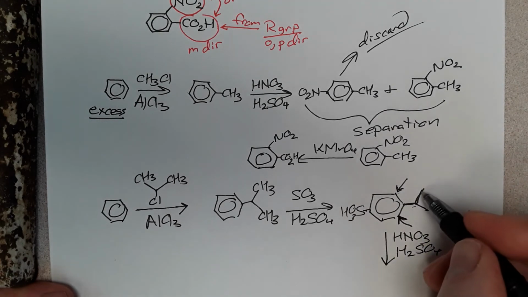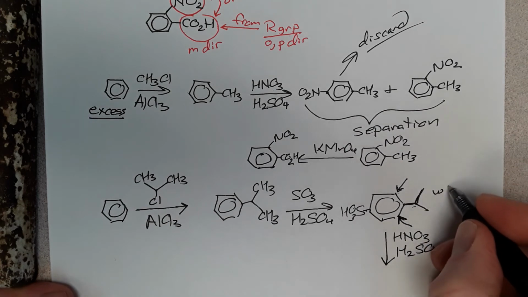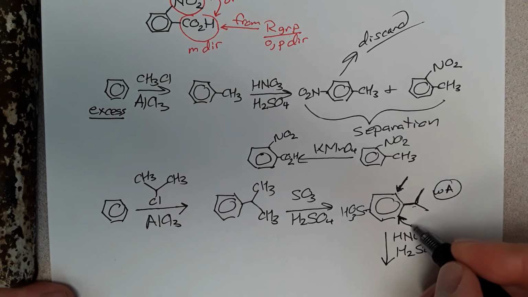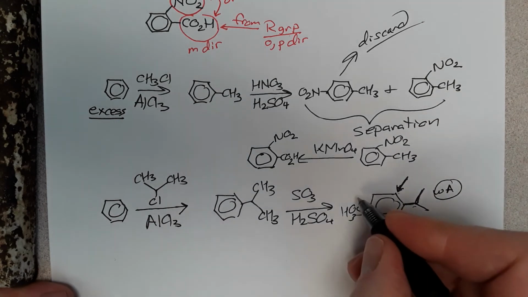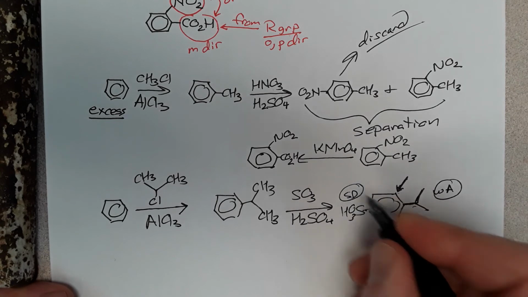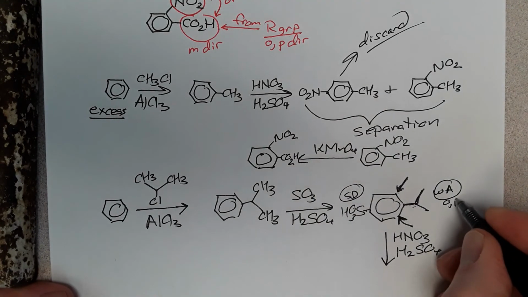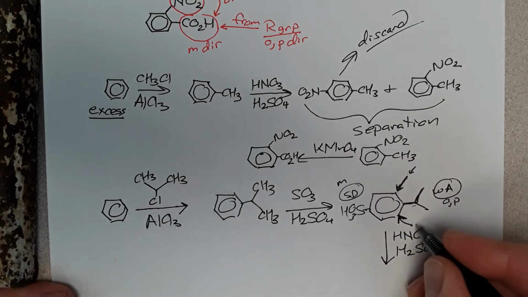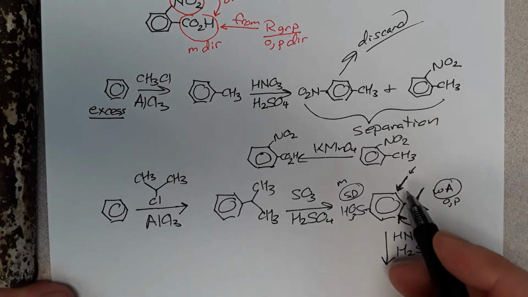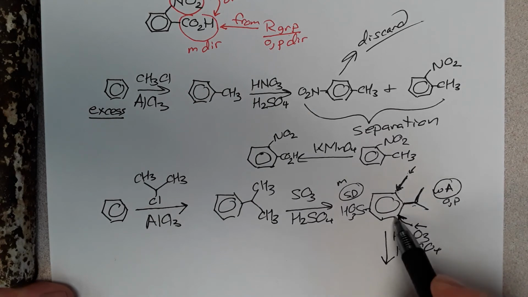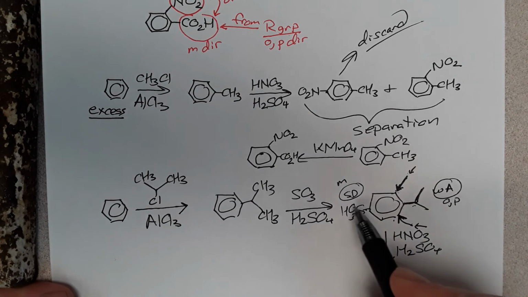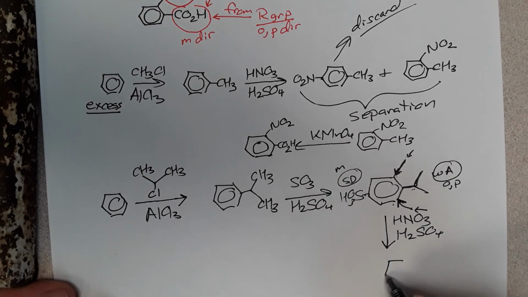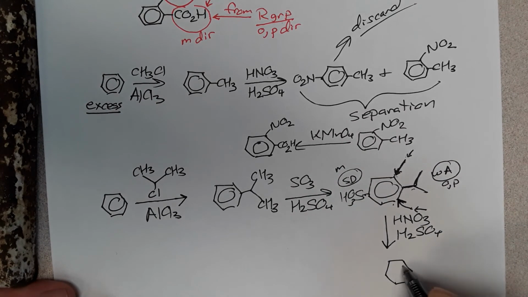The bulky, weak activator is going to direct to the ortho positions, and the strong deactivator, which is a meta director, is going to direct into the same positions. So we have these two groups working together to direct here or here. Doesn't matter where they add, it's the same position because of the symmetry. So beautiful, clean synthesis here.